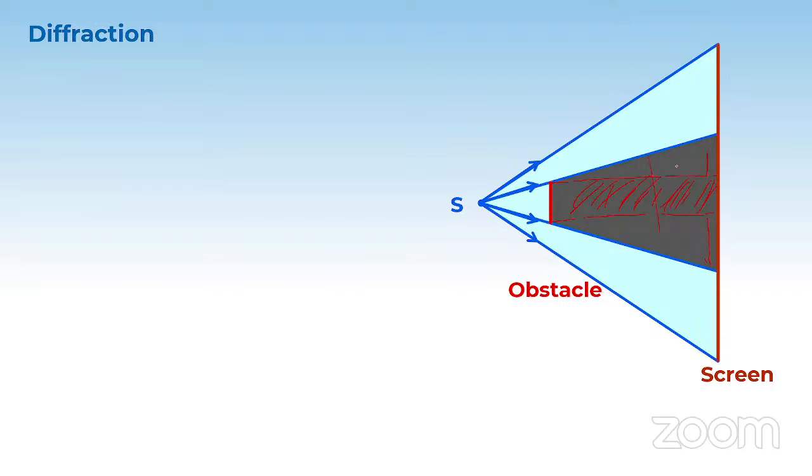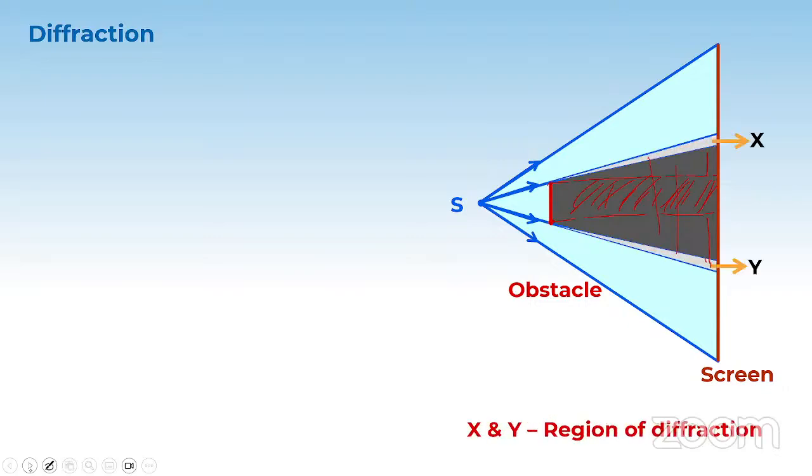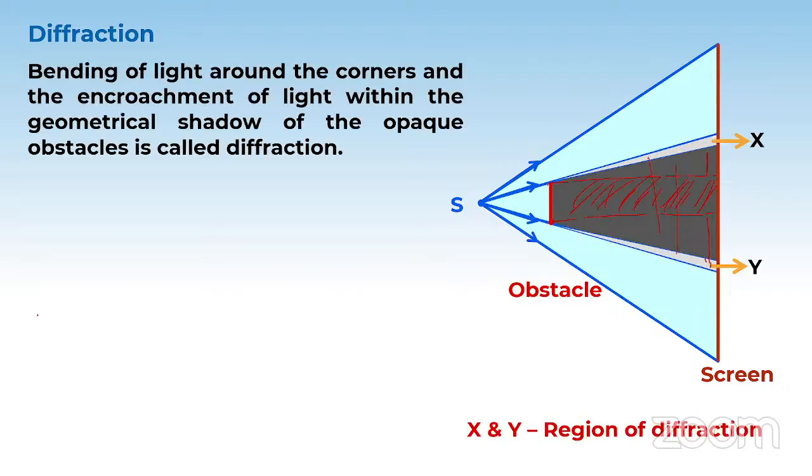Why is this increment coming? This is because of the bending of light at the sharp corner of this obstacle. So when light bends from the sharp edges of an obstacle or a screen or a slit, that phenomenon, the bending of light, is termed as diffraction.